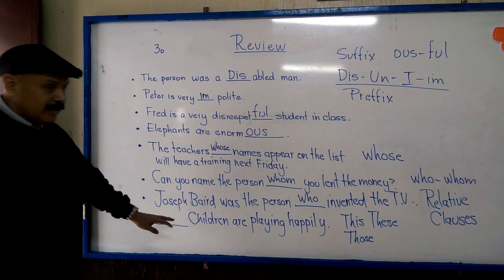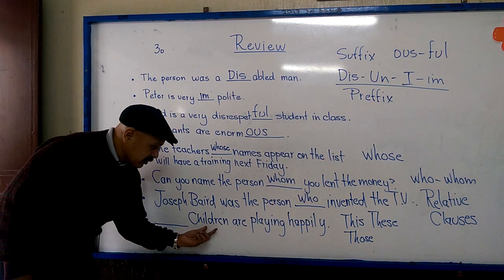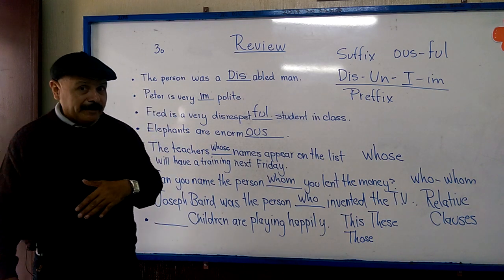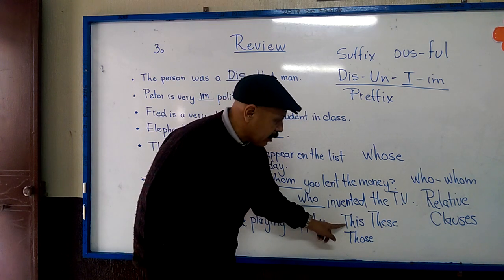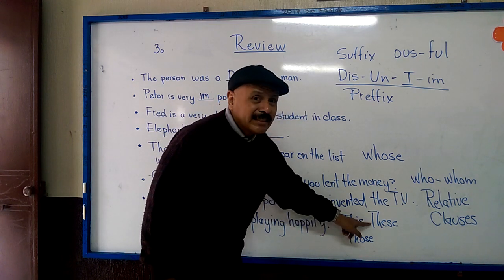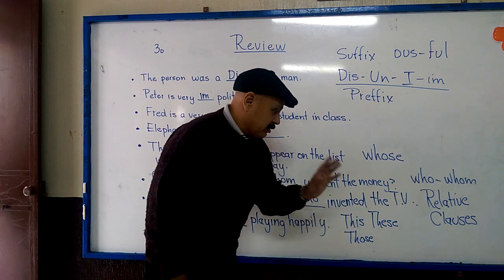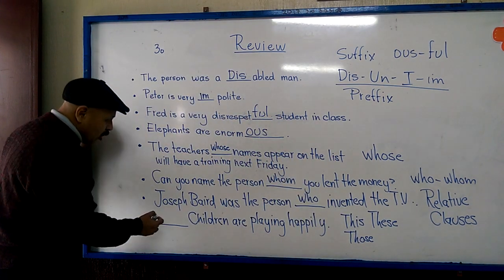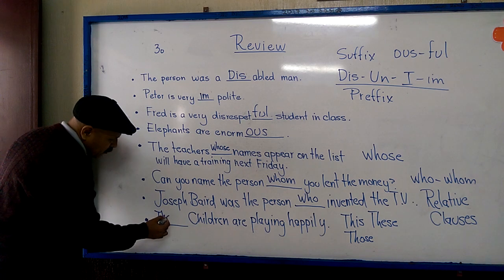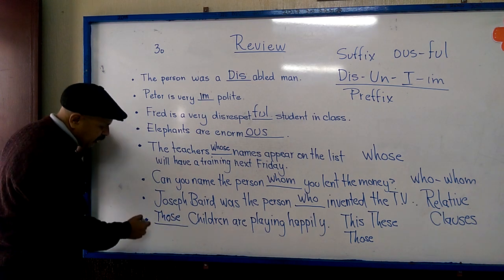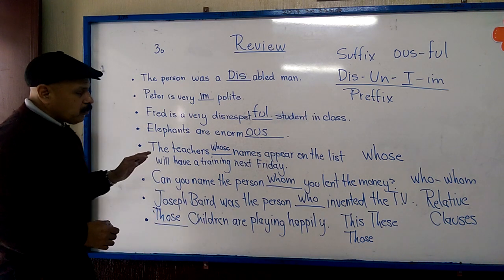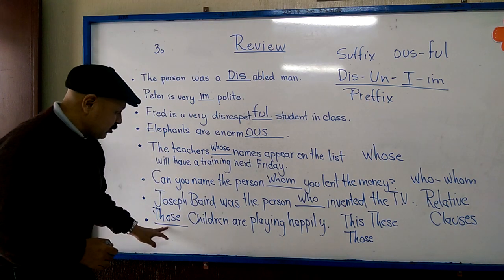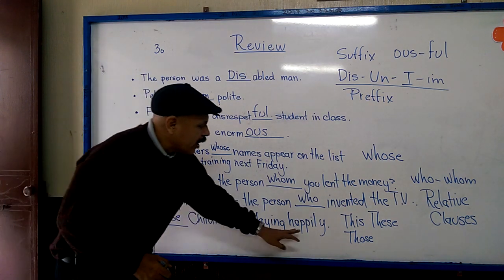What's the correct one here? Because this is a plural. Children, remember, is the plural of child. So I can use these. I can't use this because this is singular. I can use these children. But I prefer to use those children. Those. Esos niños o aquellos niños. Remember, it's these or those. Those children are playing happily. Esos o aquellos niños están jugando alegremente.